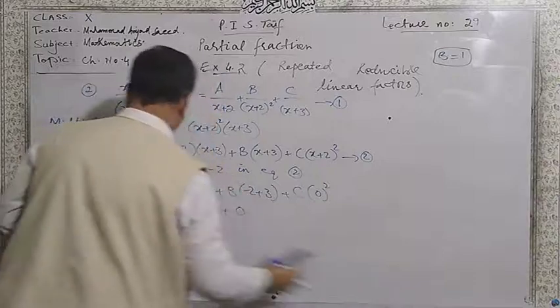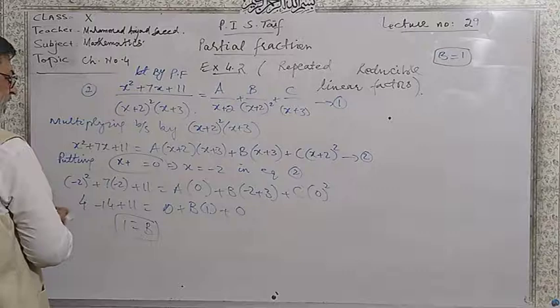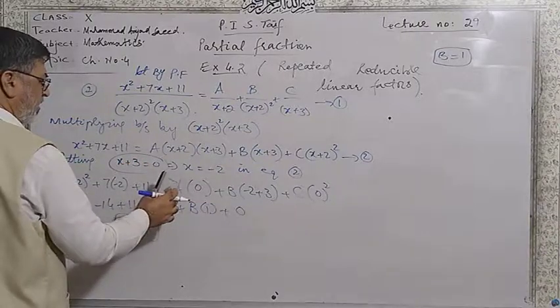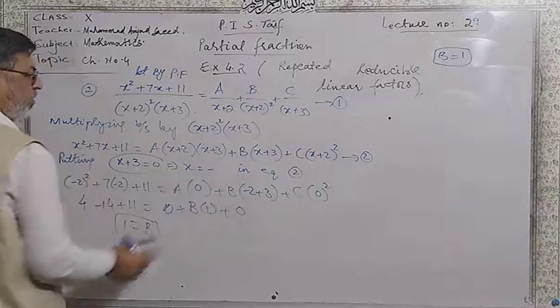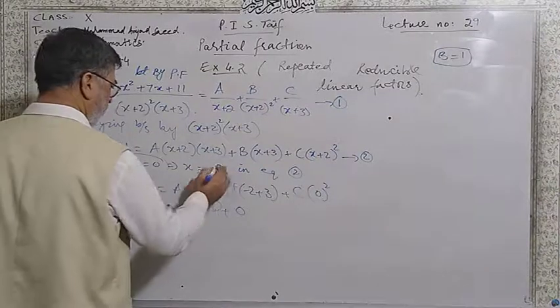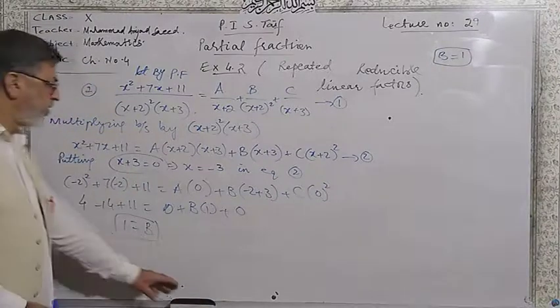Similarly, here x plus 3 is equal to 0 implies that x is equal to minus 3 in equation number 2.